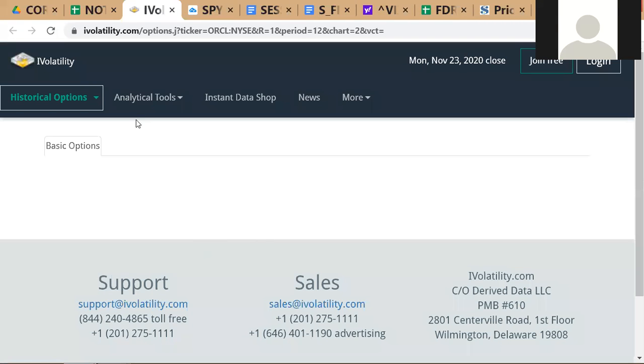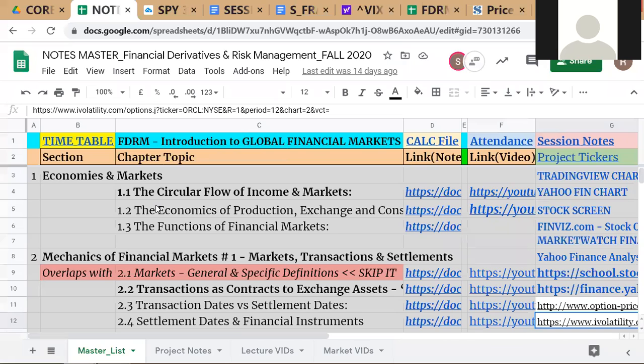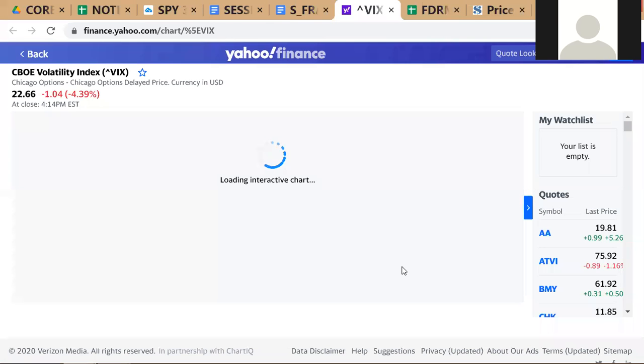No, it's not loading properly actually. Okay, never mind. We'll use this. So maybe there's a problem with my internet connection. I don't know where the problem is, but anyway, we'll use this.